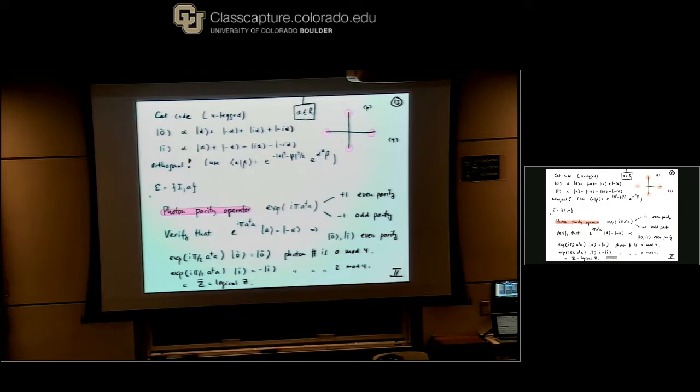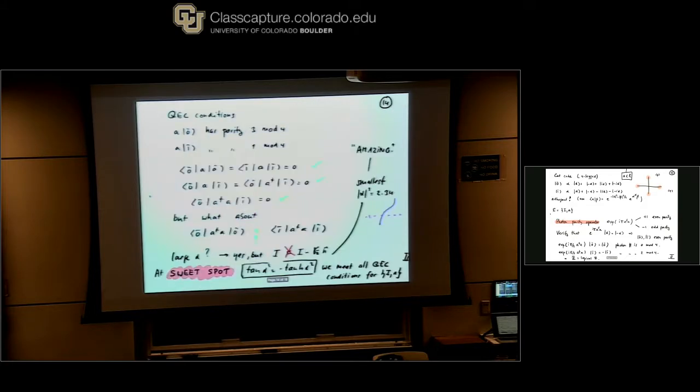And you can also see that operator as a Z operator, because if I call this 0 and that 1, the Z, by definition, has +1 eigenvalue for 0 and -1 eigenvalue for 1. So that's nice. I got my logical Z as a fairly simple operator, at least. This is not some kind of weird operator.